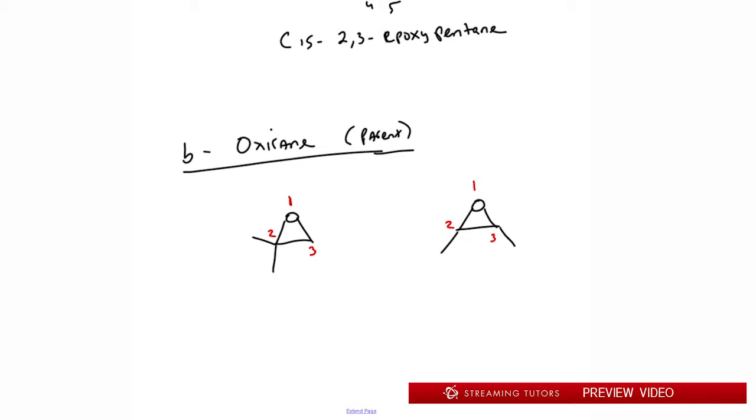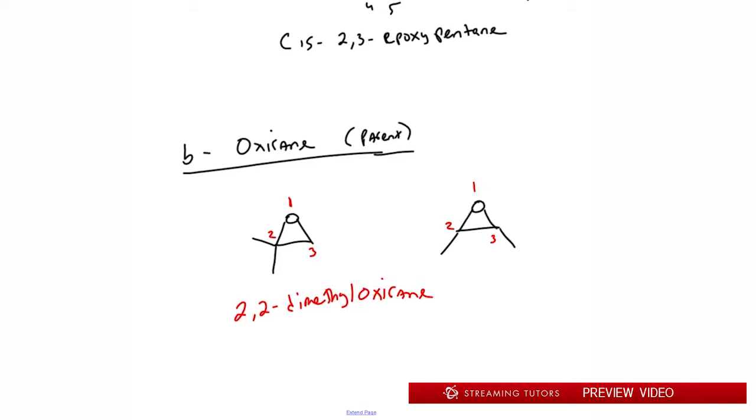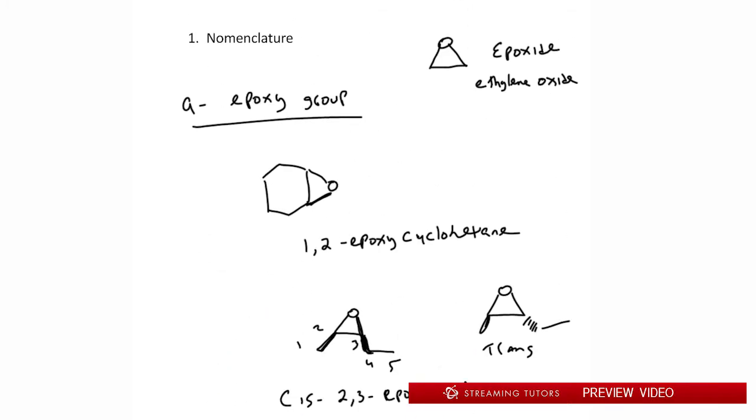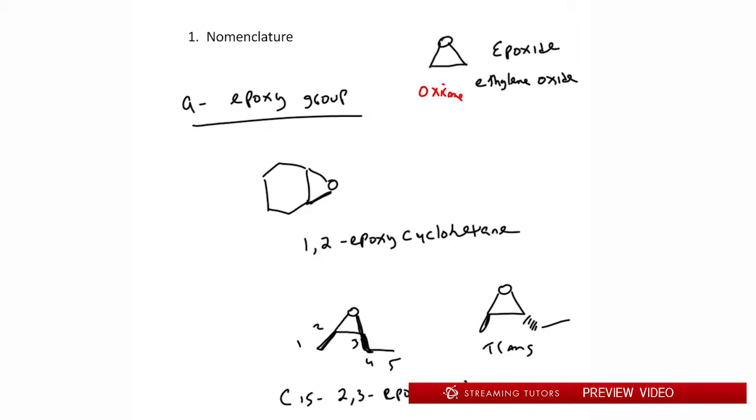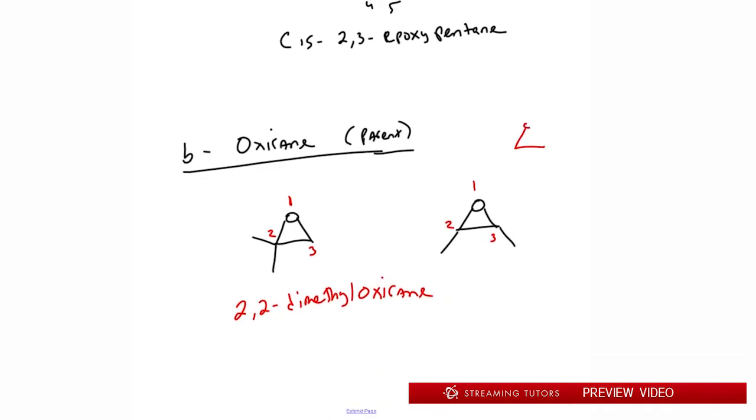And so what we're going to say is we have here a 2,2-dimethyloxyrane. And remember, this is the simplest oxyrane right here. This right here is also known as an oxyrane. Actually, I'll draw it down below. So an oxyrane looks like that. And in our case, we have branches off number 2 of the oxyrane.